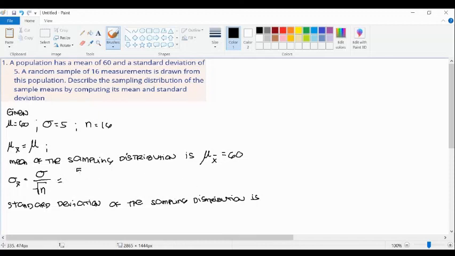We have the standard deviation of 5 over the square root of the size of our sample, which is 16. The square root of 16 is 4. So 5 divided by 4 is equal to 1.25. Therefore, the standard deviation of the sample mean is 1.25. Let's proceed to question number 2.